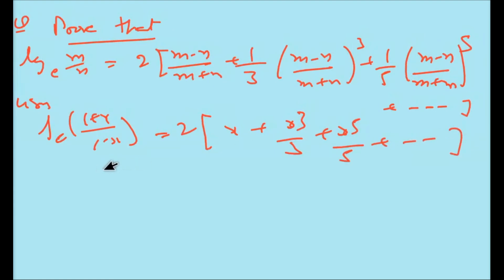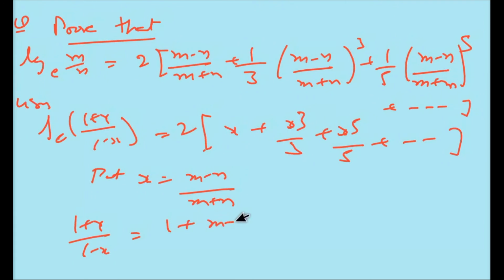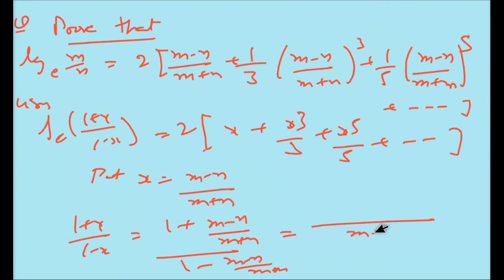We can see here x equal to m minus n upon m plus n. So we can get the value of this by putting this value. Okay students, so calculating this you can solve in an easy way.